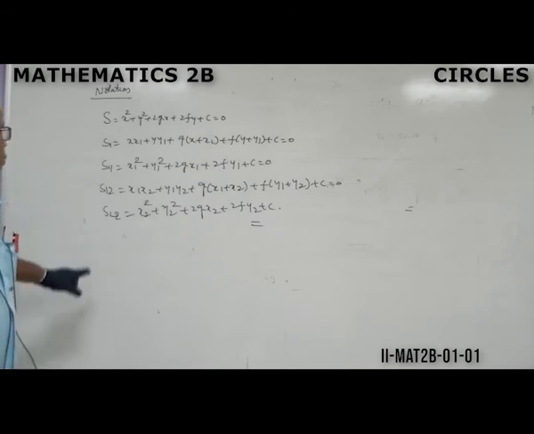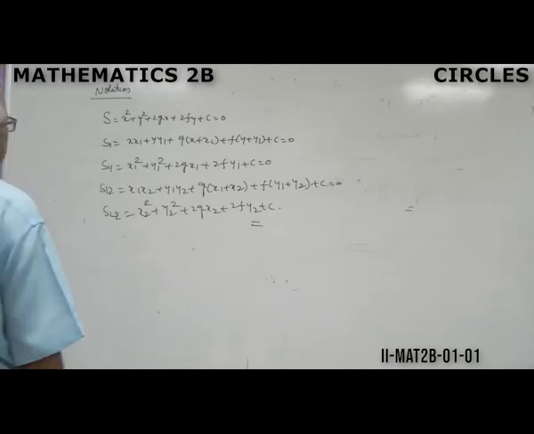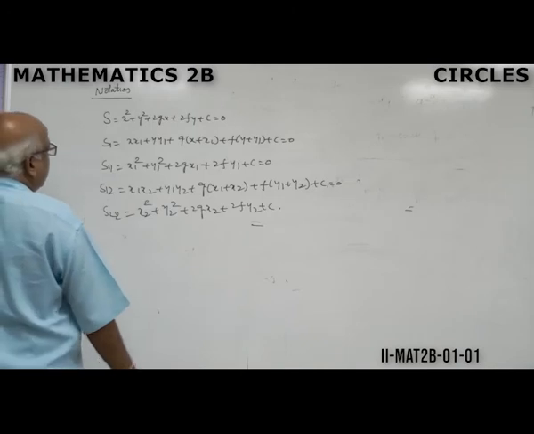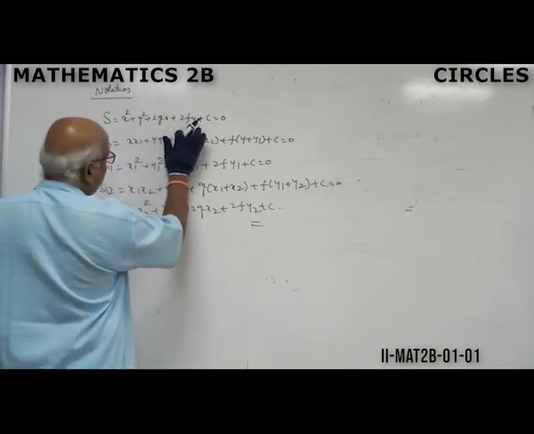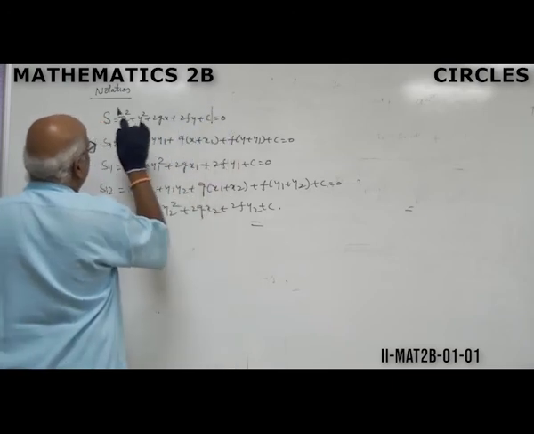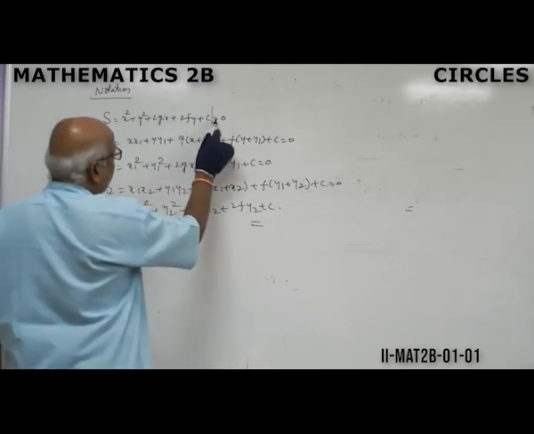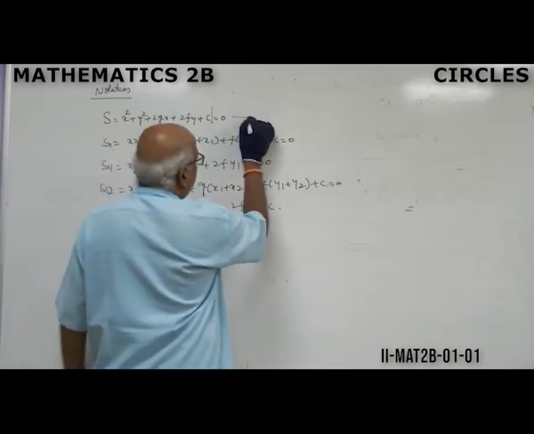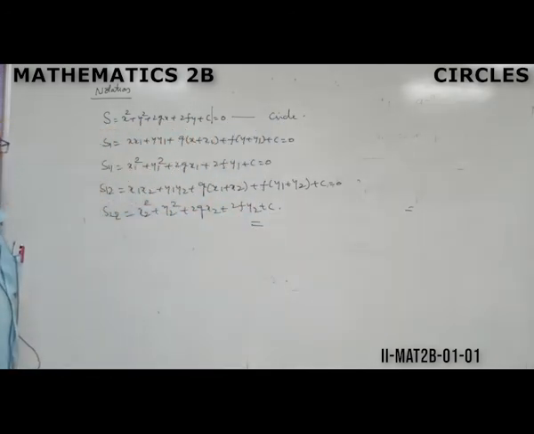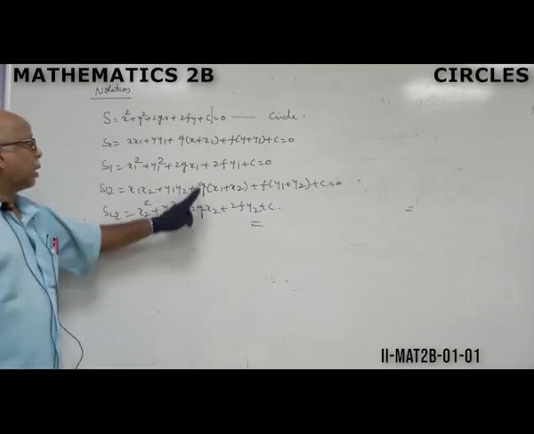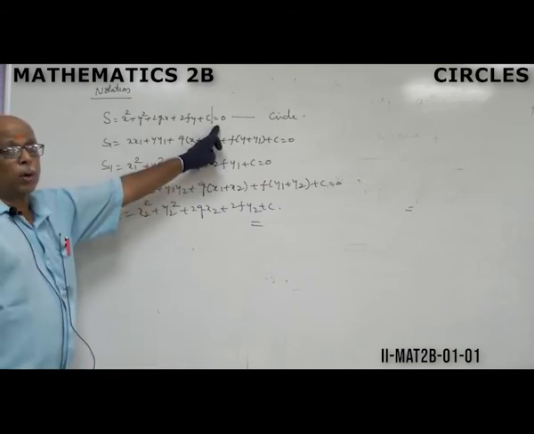These 5 equations, we will name as notation. Of course, x square plus y square plus 2gx plus 2fy plus c, supported by equal to 0, represents a circle. You have to remember that point. Always you need not put equal to 0.